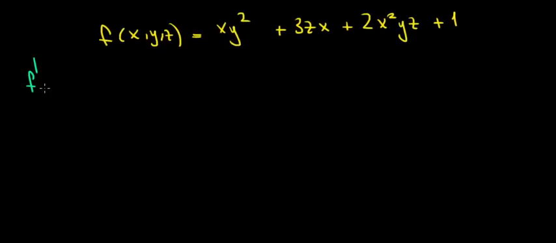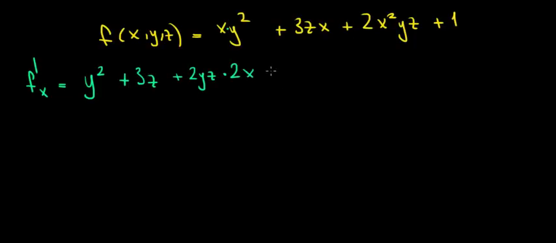The function derivative with respect to x, it means that only x is our variable of interest, everything else is a constant. So for instance, x times y squared derivative with respect to x, well, we keep the constant, which is y squared, plus 3zx. What is the constant here? Everything besides x, so that's just 3z. And then from here we have 2yz, which is a constant, so 2yz times the derivative of x squared, which is 2x.